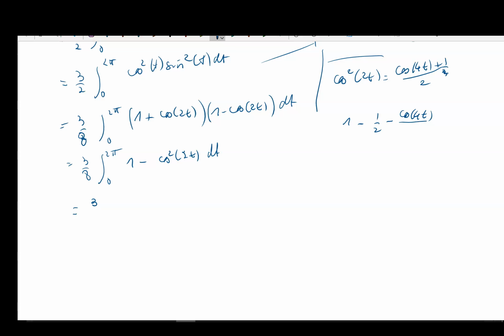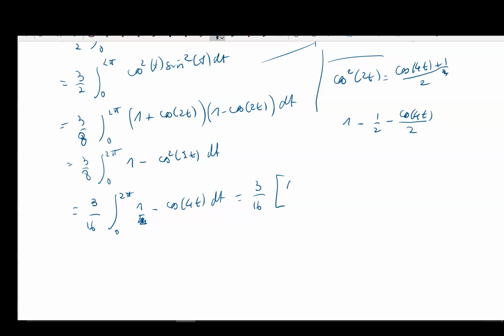Oh, sorry, I have a 2 here. So I can even factor out a 1 over 2, so that's 3 over 16 times 1 over 2 minus cosine of 4t dt, which of course now I can compute.